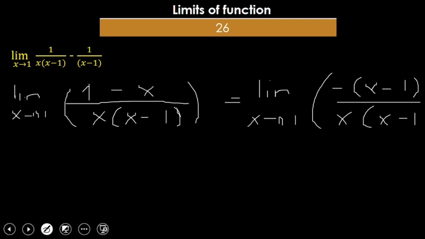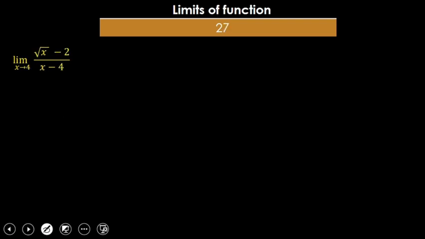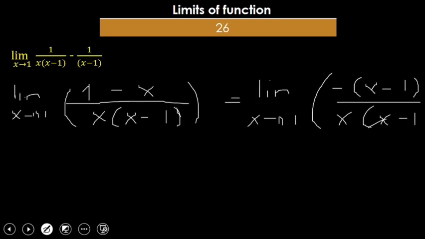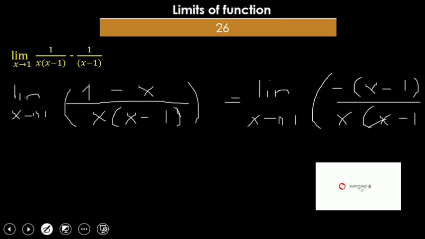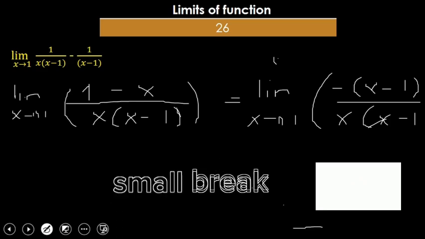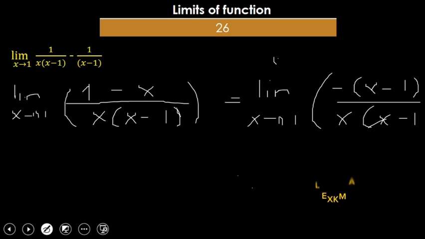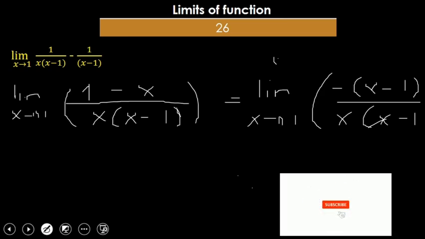x minus 1, because we wrote down. This and this will cancel out. We are going to have this and this.